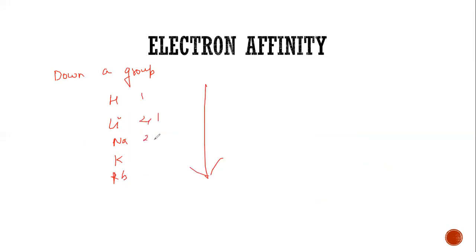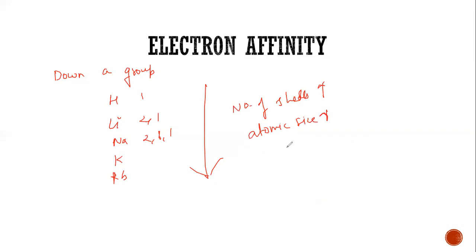electron affinity as compared to the others. Now let's see when we are moving down a group. For example, we have hydrogen, lithium, sodium, potassium, rubidium. Whenever we are moving down the group, the number of shells increases, which means the atomic size increases.